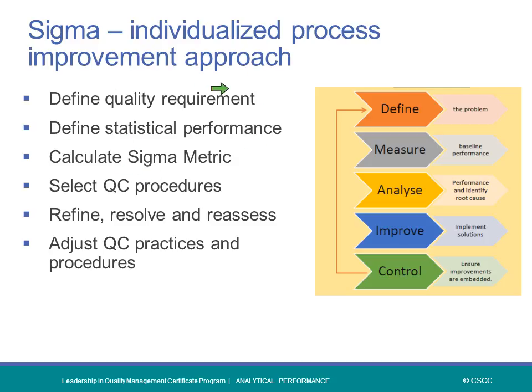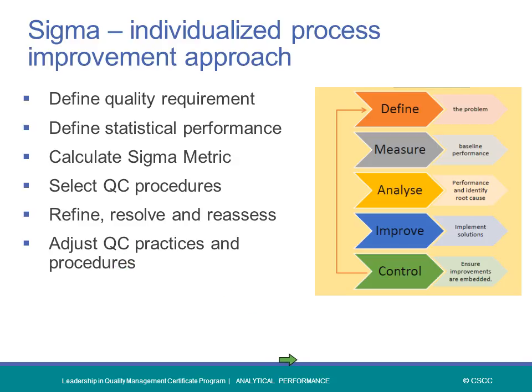But the story doesn't stop there. Then as we use those revised QC procedures, or new QC procedures, there's a continuous process of refining, resolving, and reassessing what we've implemented to further improve and hopefully further increase the number of errors detected and decrease the number of false rejections.